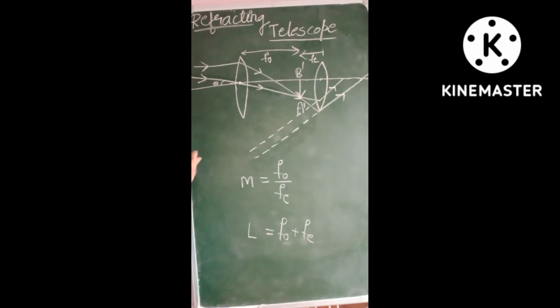In this refracting telescope, it is having an objective and an eyepiece. The objective has a large focal length and a much larger aperture than the eyepiece.